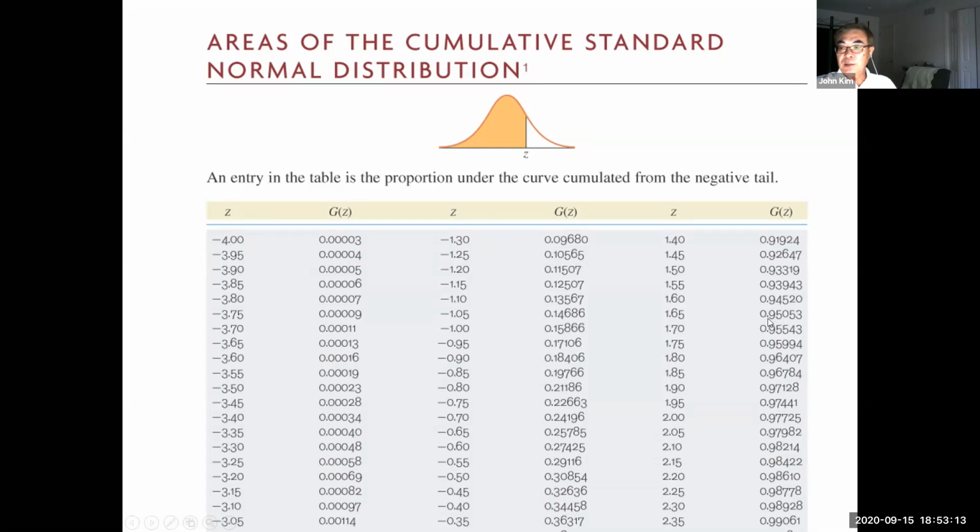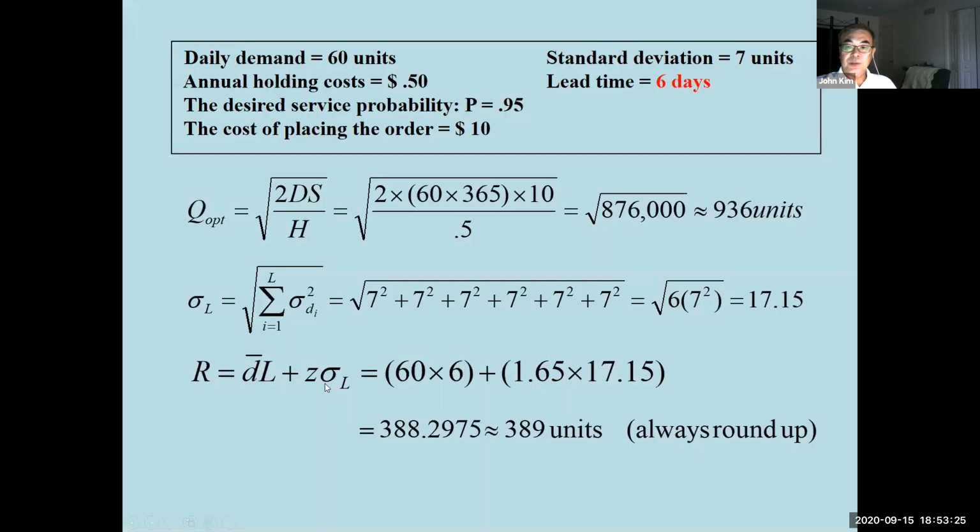So take this one, and then the z-score is 1.65. So plug in 1.65 here for the z-score, for the 0.95 service probability.